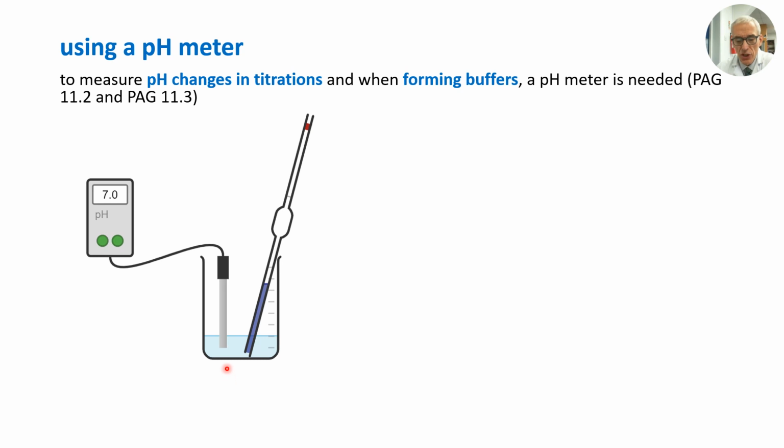You have essentially a probe and a meter, probably with a digital readout. But before its use, and I think this is what must be meant in the specification, the pH meter must be calibrated.